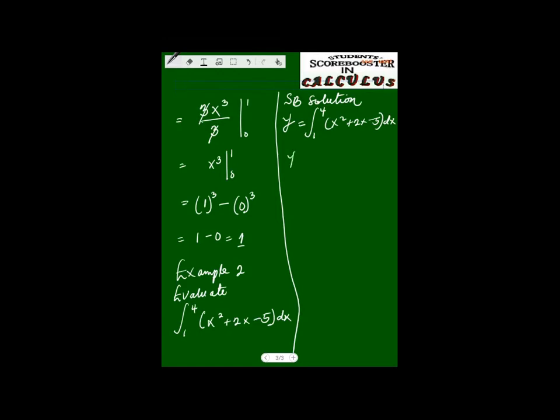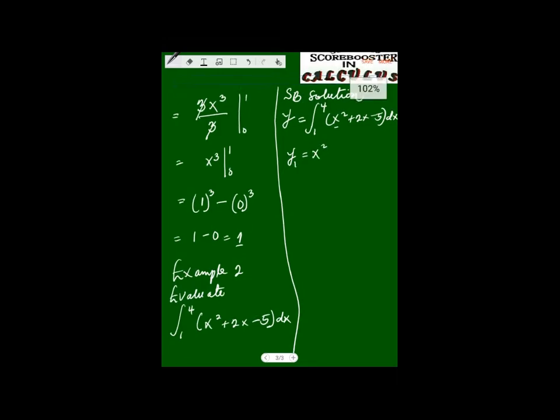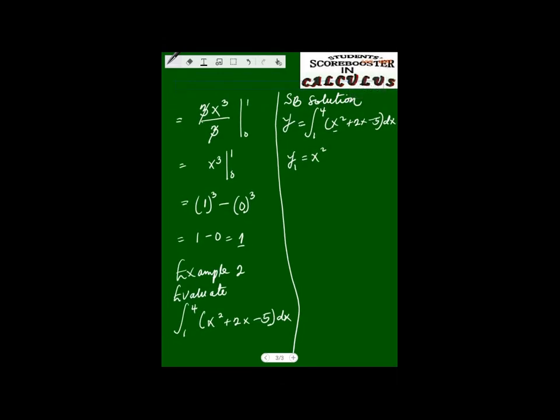So I'm going to use, let's say, the first one is y1. We are going to have y1 is equal to the integral from 1 to 4 of x squared. That's this first one, and I'm going to have it as x cubed over 3, with limits 1 and 4.